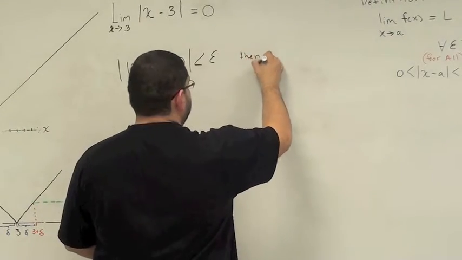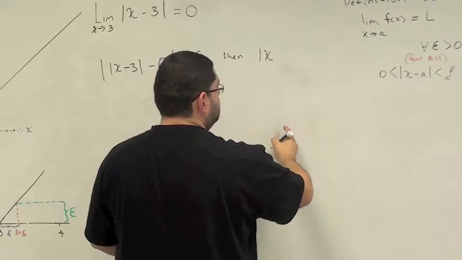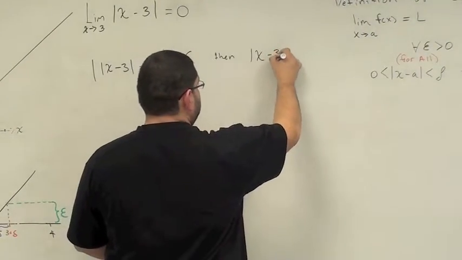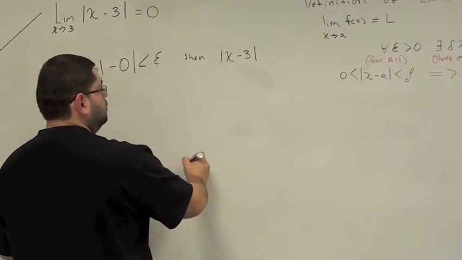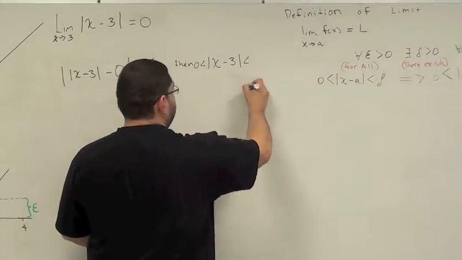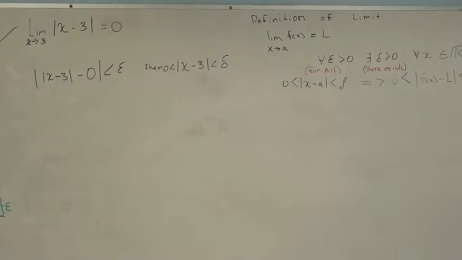Then the absolute value of x minus the value that we are evaluating, which is 3, is going to be positive and smaller than delta.